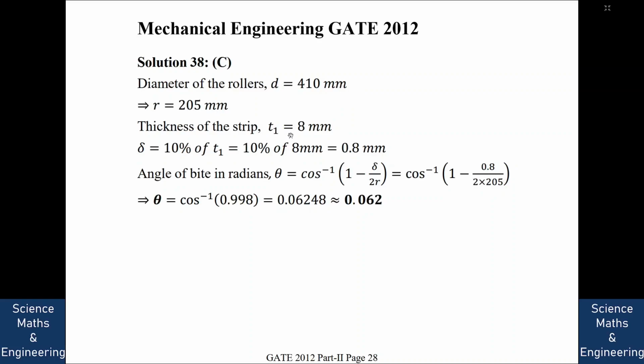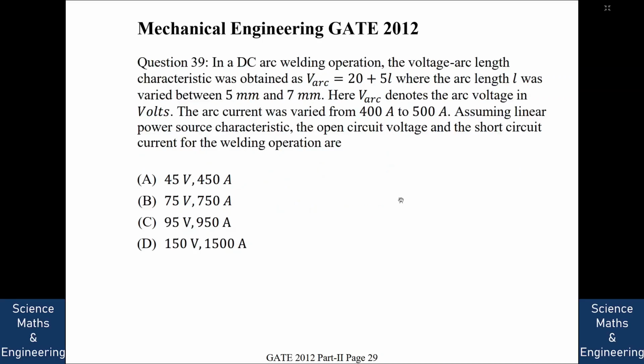Thickness of the strip t1 is 8 mm and delta is 10% of t1, that is 0.8 mm. Now angle of bite in radian, if you need to find, theta is equal to cos inverse of 1 minus delta by 2r. So it is equal to cos inverse 0.998 and in radian it is 0.0624, which is approximately equal to 0.062 radian. Okay, we'll go to the next question.